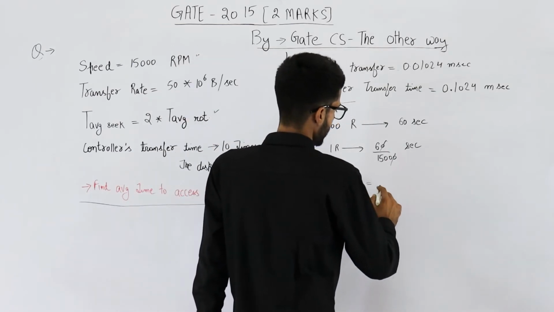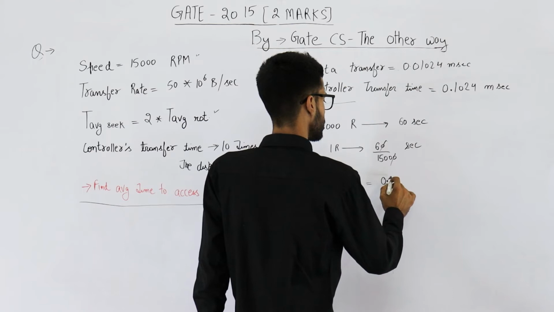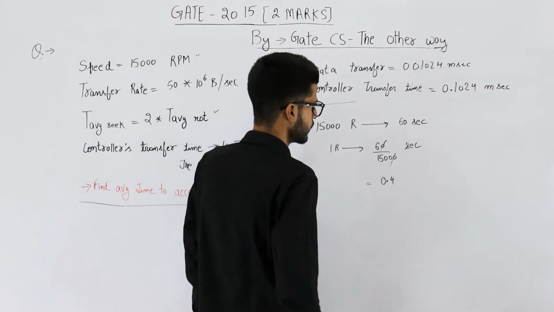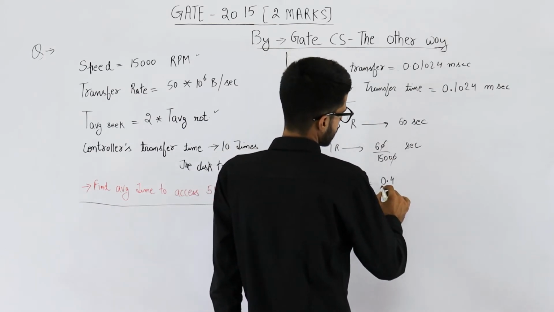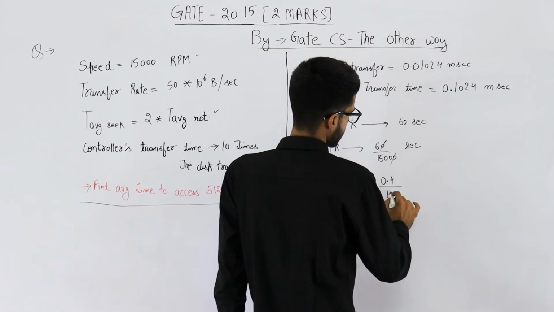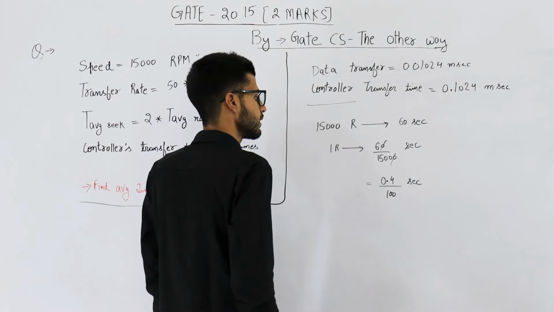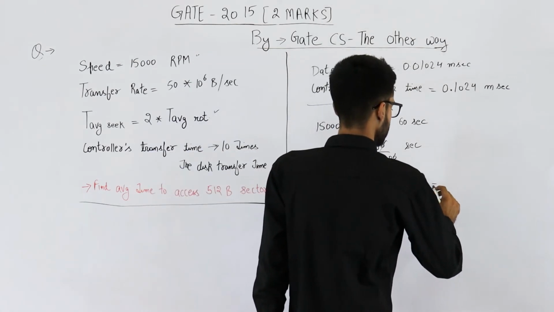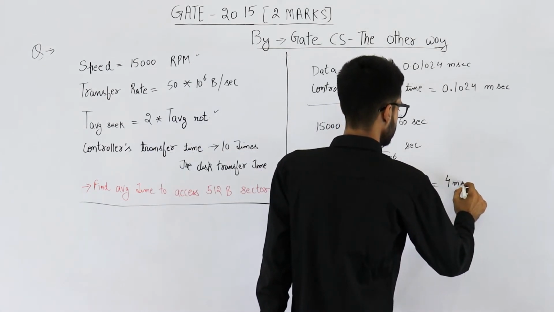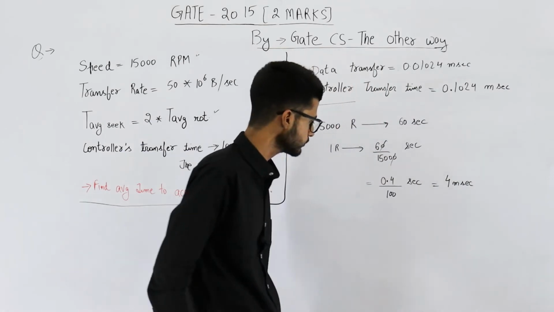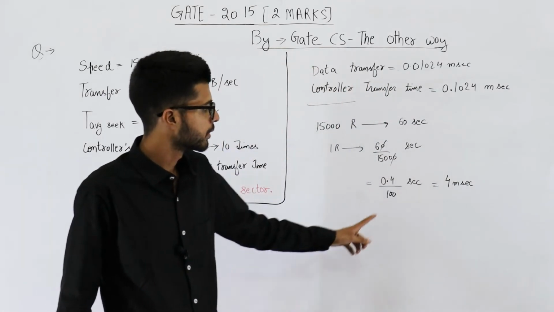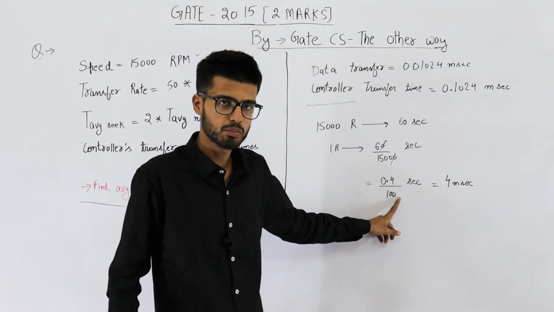This will be 0.4 divided by 100 second. To convert it into millisecond, you'll see this comes out to be 4 millisecond, because you can multiply the numerator and denominator both by 10.